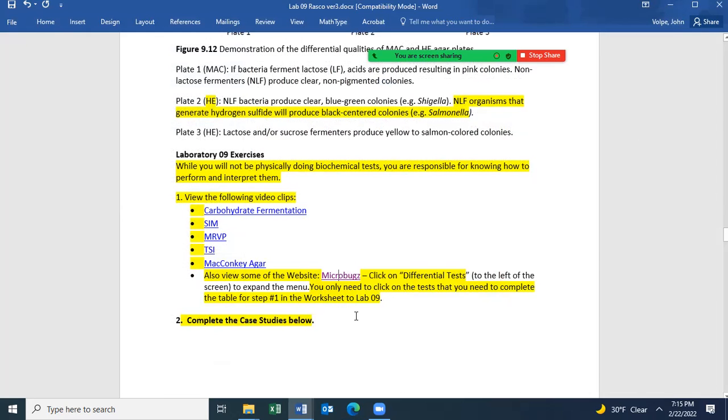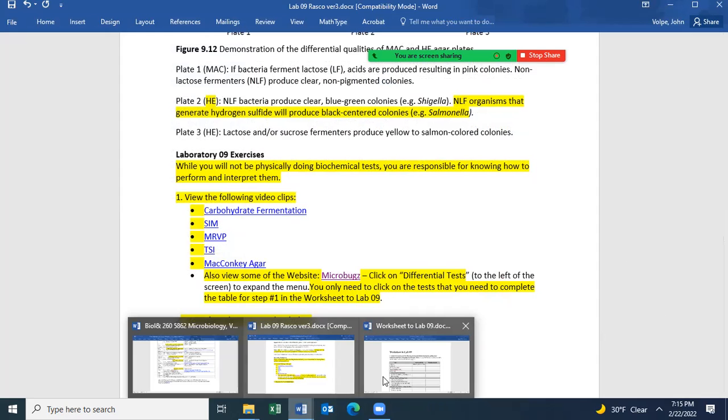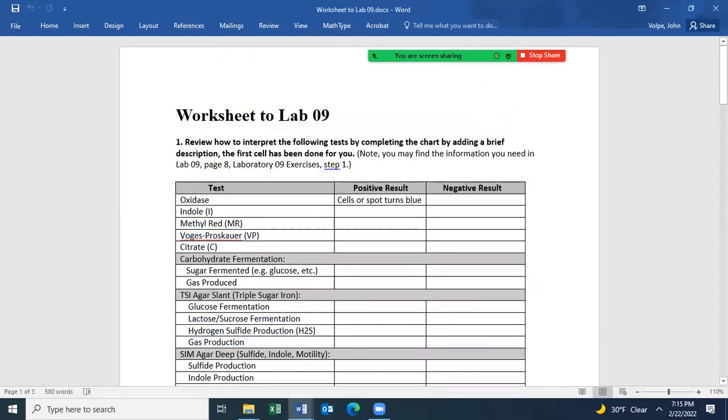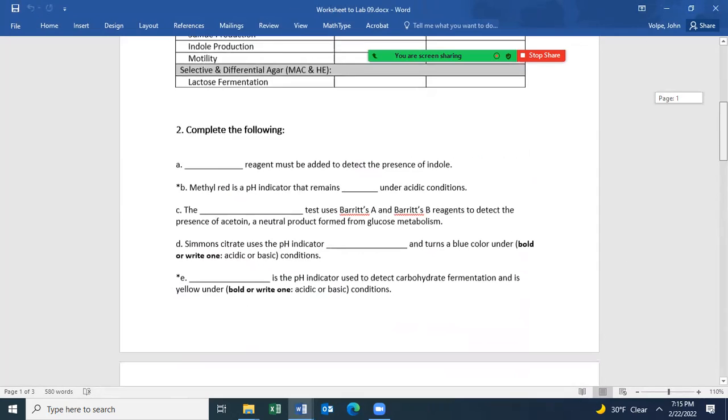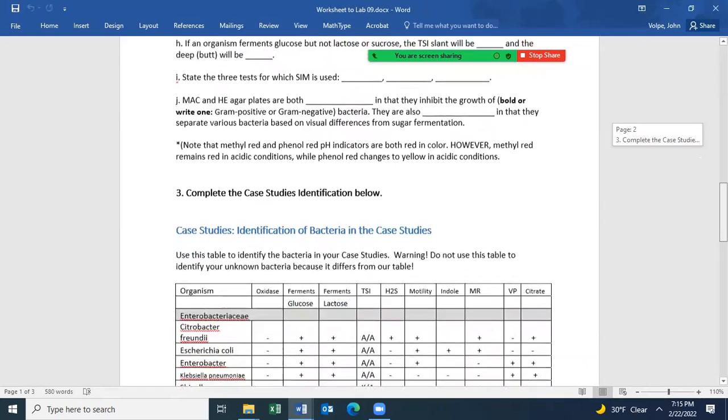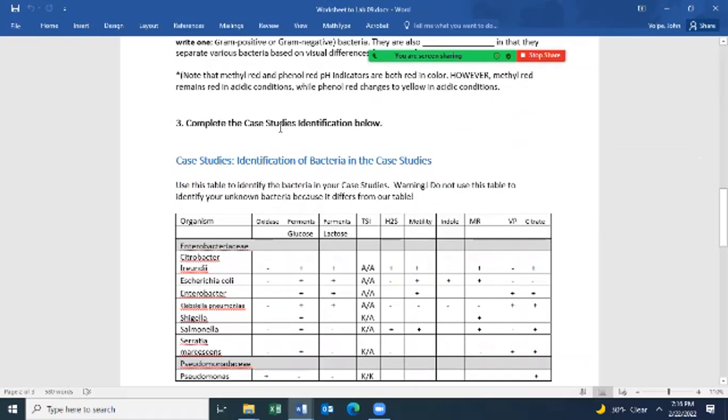Once you're done filling out the worksheet for lab 9, which has the table, then answer the questions in part 2, and then complete the case studies in part 3.